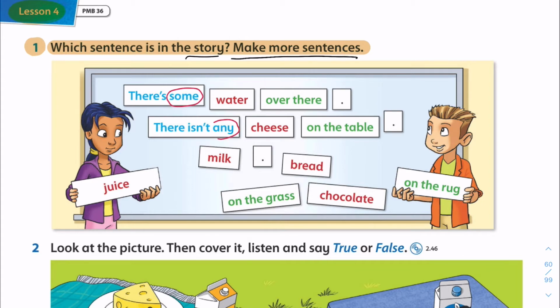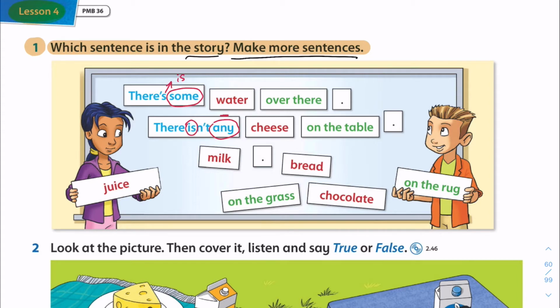In the first sentence, we use the word some. In the second sentence, we use the word any. And we must know that we use some when we don't want to say exactly how much, and we use any for negative sentences.